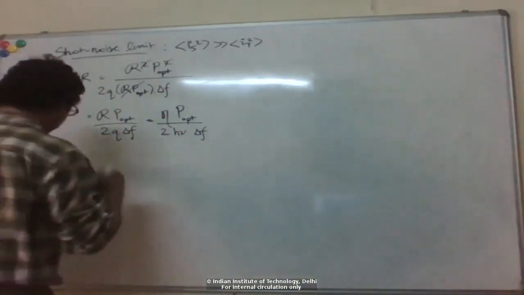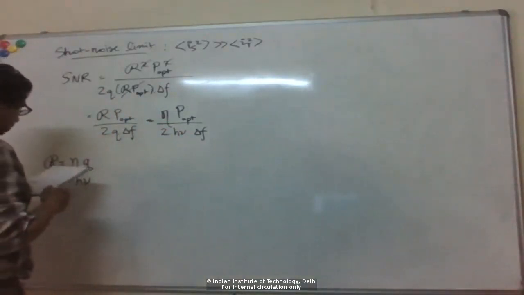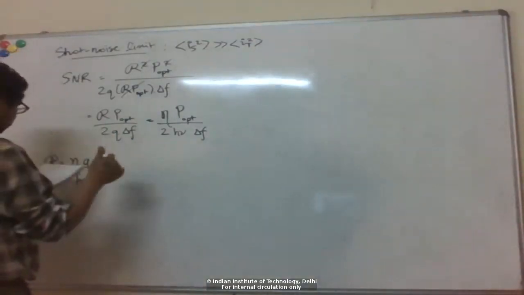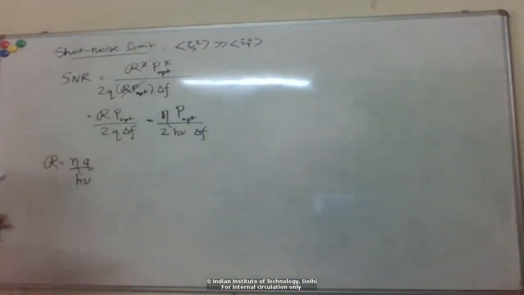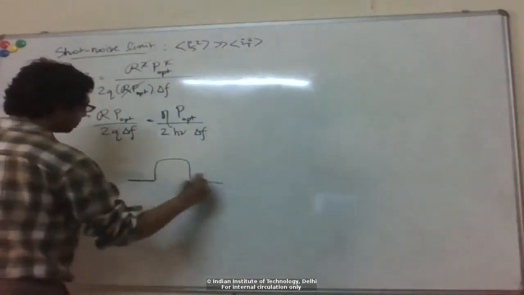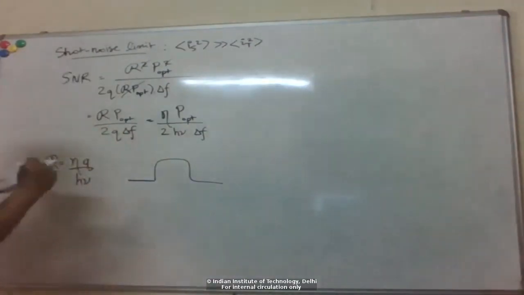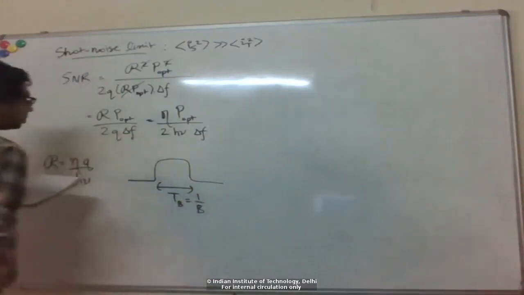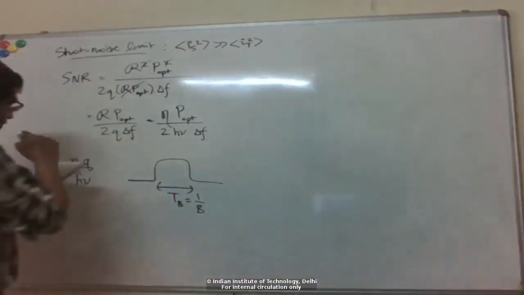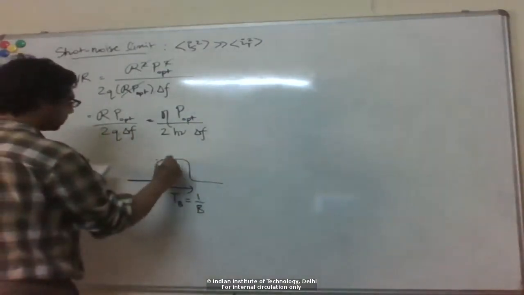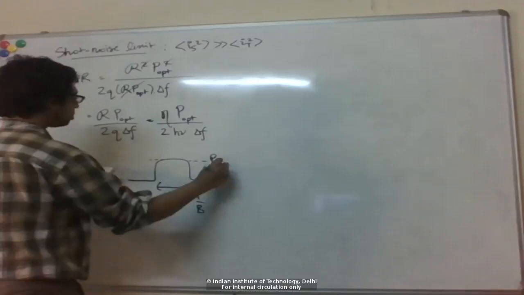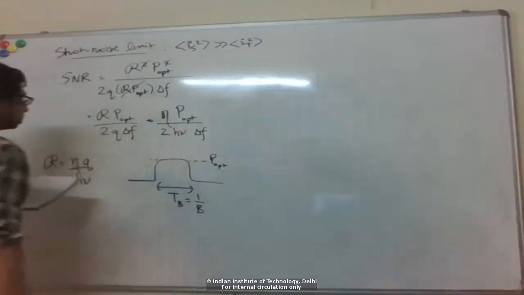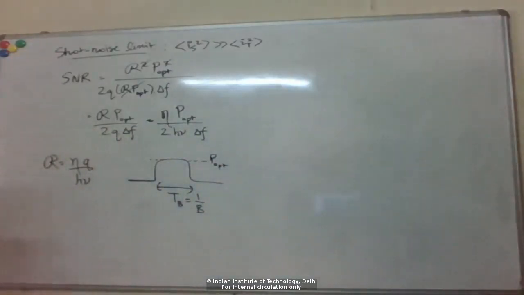We can simplify this expression further if we write it in terms of the number of photons per bit. Let's say we are detecting optical pulses of duration TB, which is 1 over the bit rate, and the optical power here is P. For bit 0 we are not detecting anything.